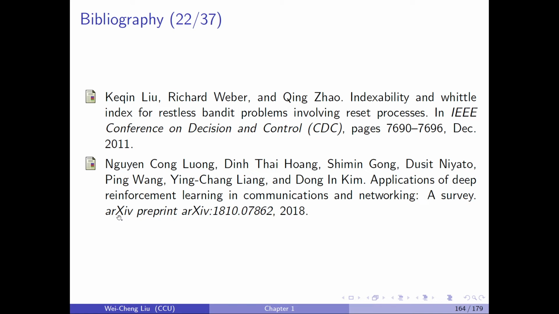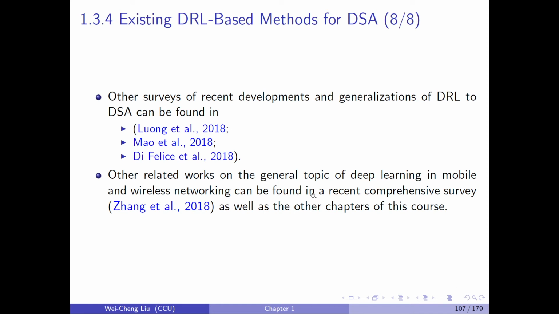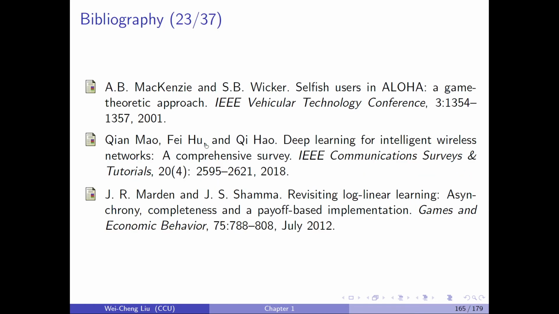This is an arXiv preprint in 2018. And the second one is Mao et al. in 2018. Okay, we can see that Mao et al. The paper title is Deep Learning for Intelligent Wireless Networks: A Comprehensive Survey, which is published in IEEE Communications Surveys and Tutorials in 2018.